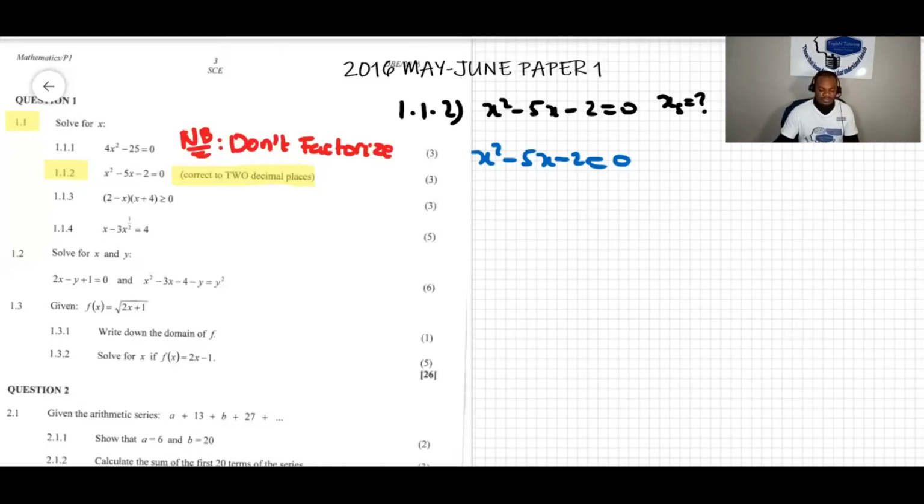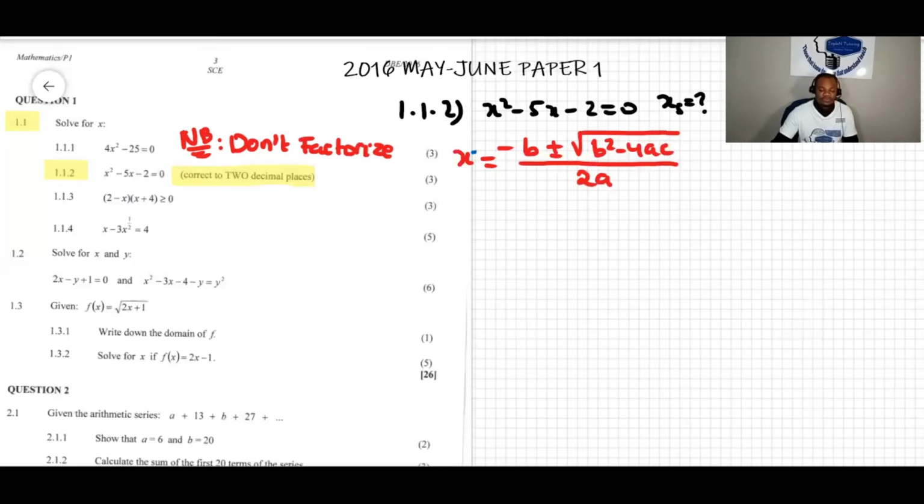Now let me just write this correctly. So in a situation like this, if I want to use the quadratic formula, okay, excuse me, the quadratic formula is given by x equal to minus b plus or minus the square root of b squared minus 4ac, all over 2a.